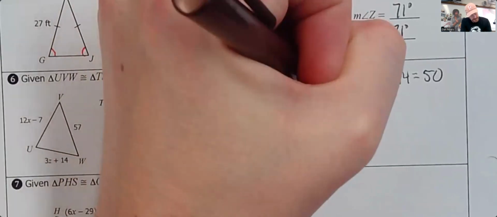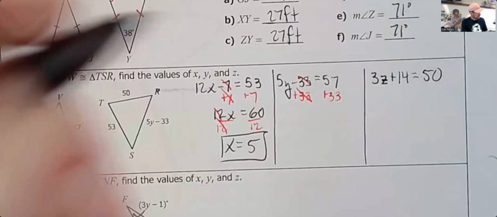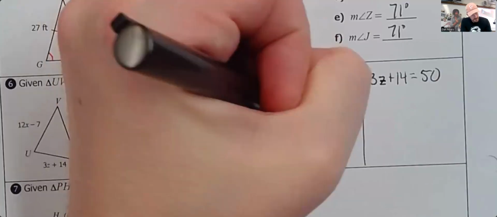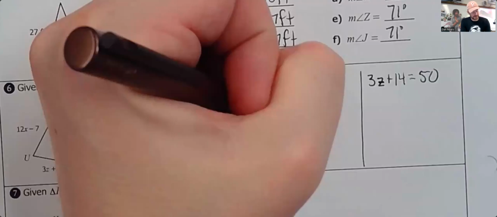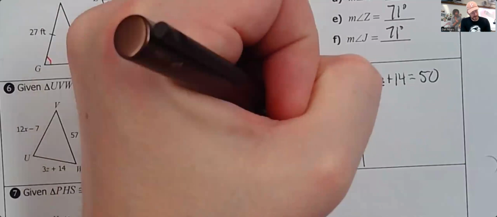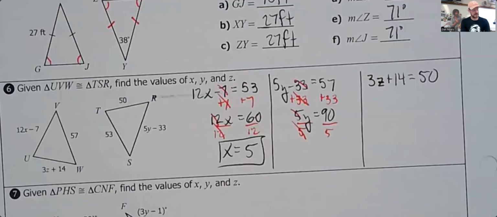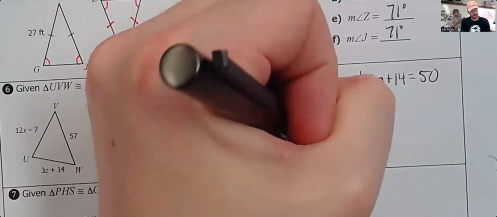What's 57 plus 33? 90. All right. What's 90 divided by 5? 18. There you go. Y equals 18.